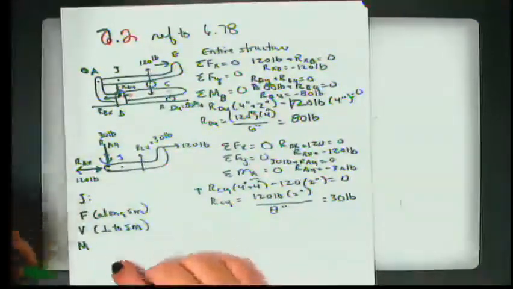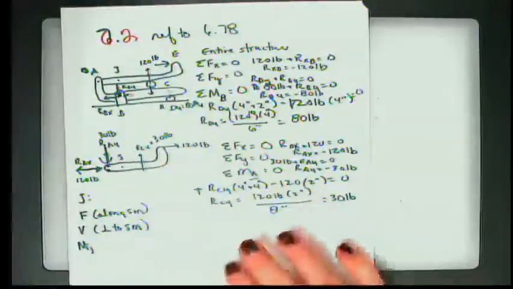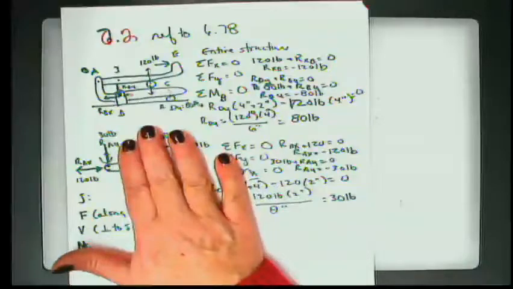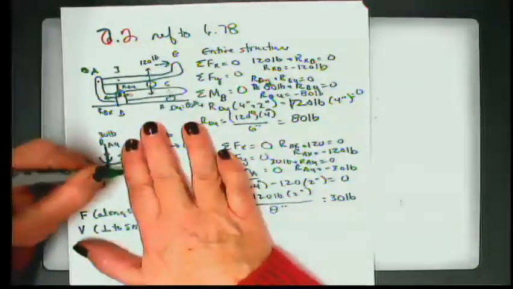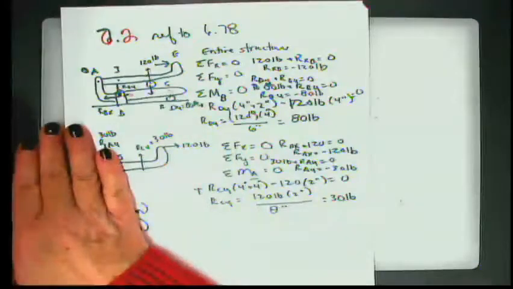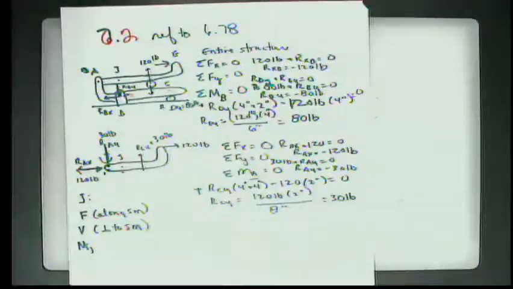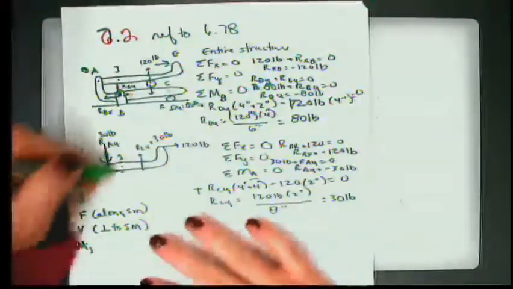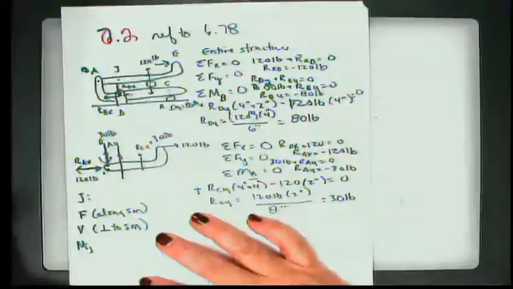And we can have a moment at point J. And the way that we do that is we either look at the piece of this structural member from A to J, or the piece of the structural member from J to the end. It absolutely does not matter which way we do it. But we cut it at J, and then we look at one or the other.